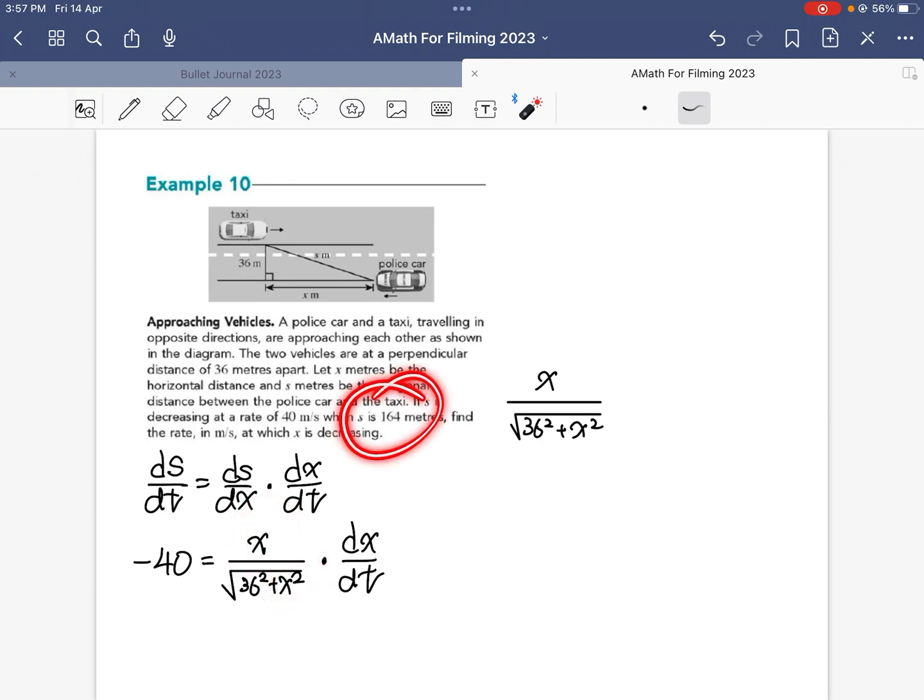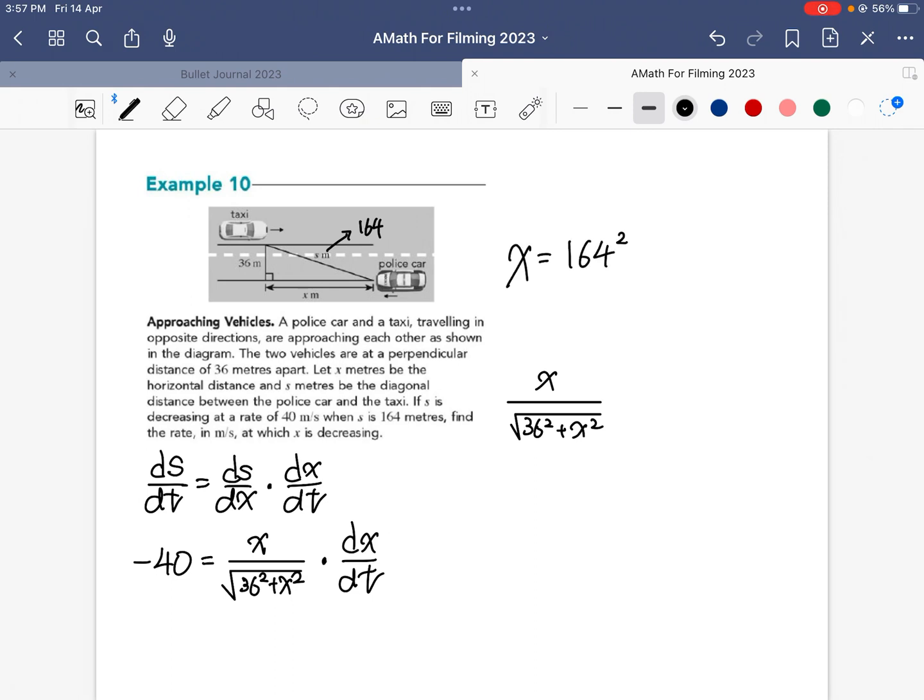If you look, there's this point in time when the s value is equal to 164. So if this is 164, by Pythagoras' theorem, x equals the square root of 164 squared minus 36 squared. And in this case, my x value will be equal to 160.